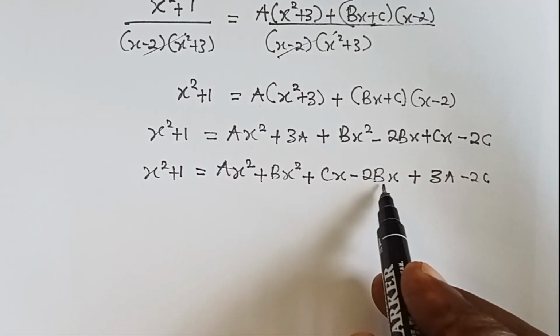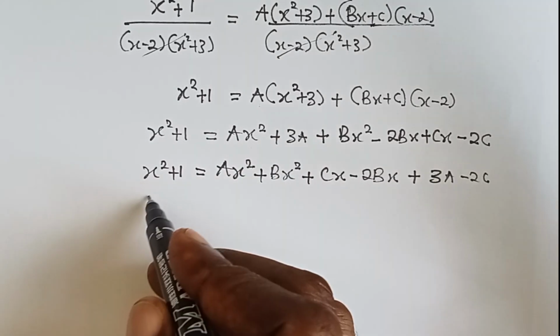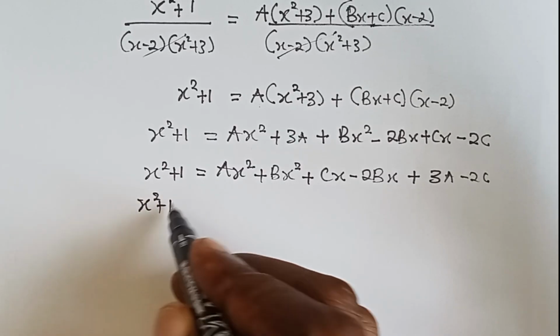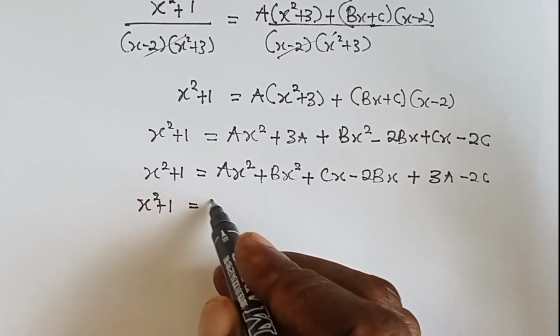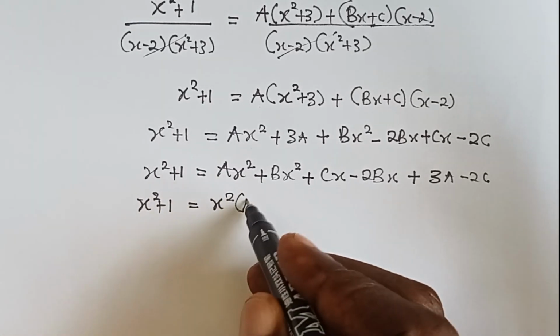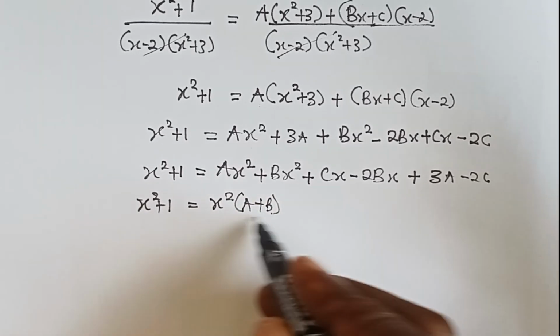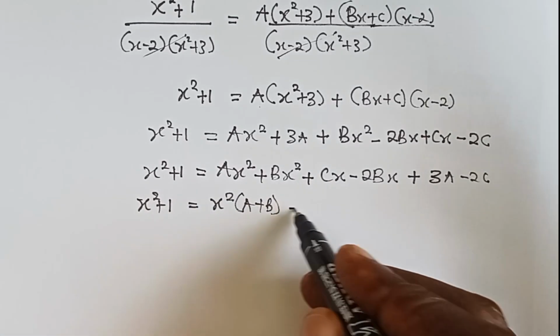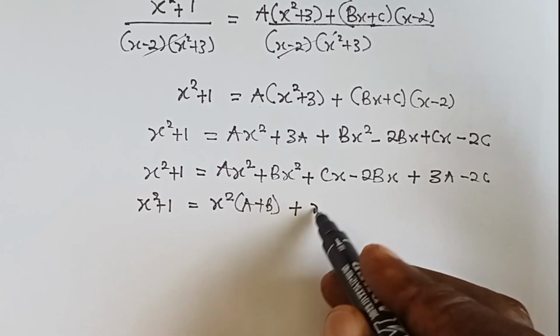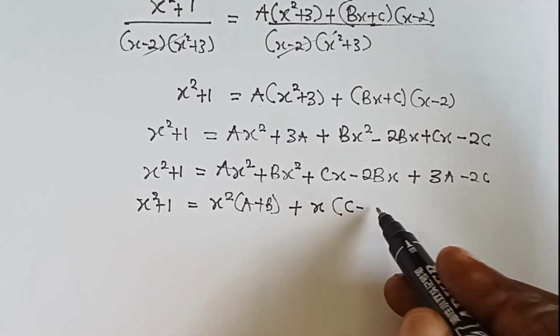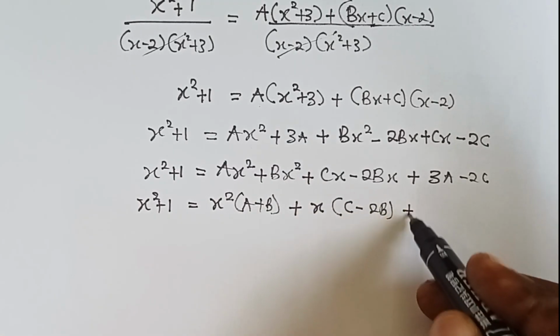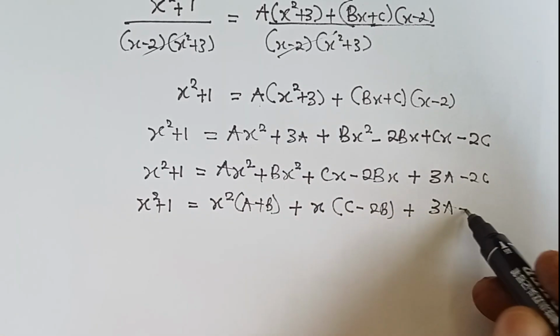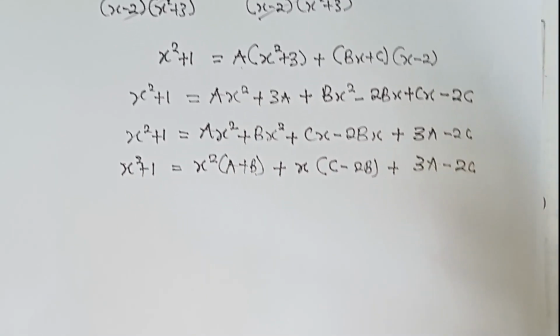The common term here is x. So now let's factorize it. What's the common term here? x squared. Then we have (a plus b) for this. And for this, what's the common factor? The common factor is x. Then we have (c minus 2b) plus, then we put this together, (3a minus 2c).